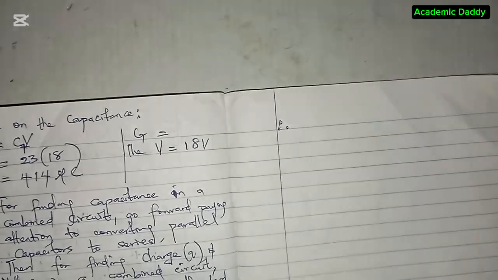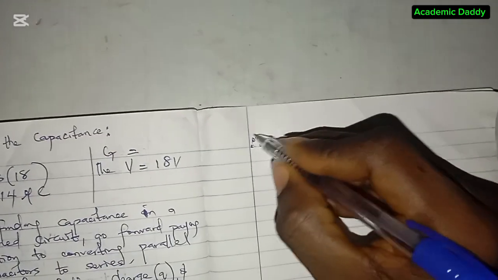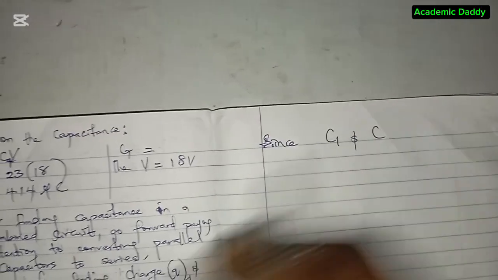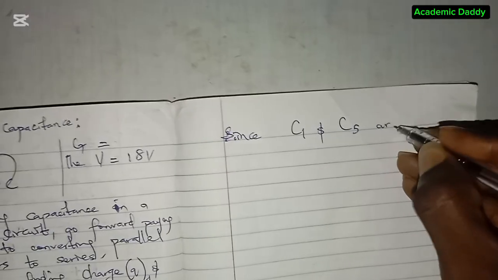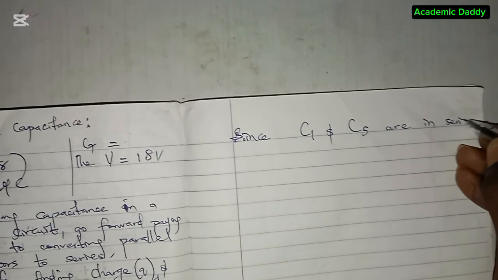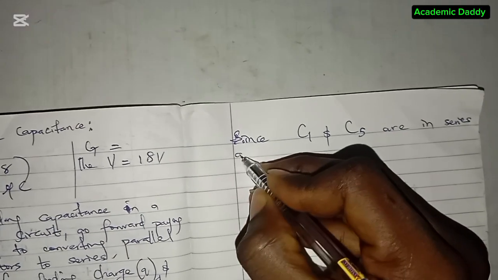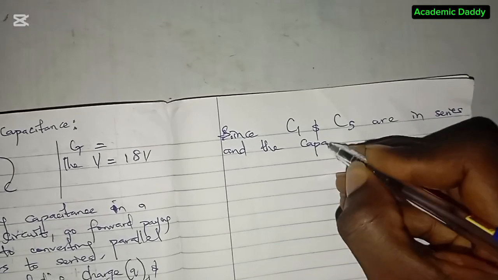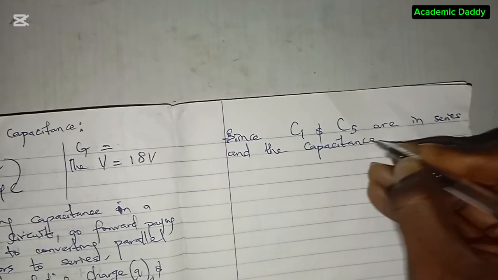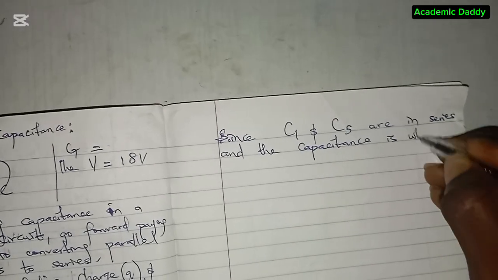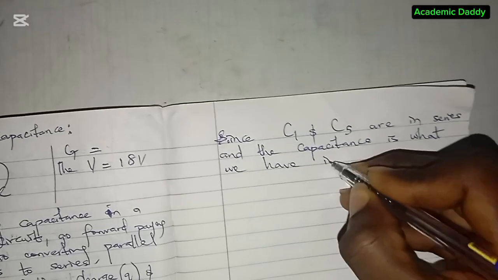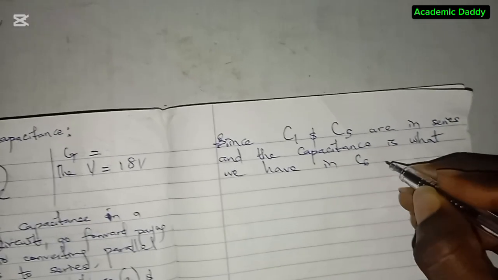therefore, since C1 and C5 are in series, and the total capacitance is what we have in C6.